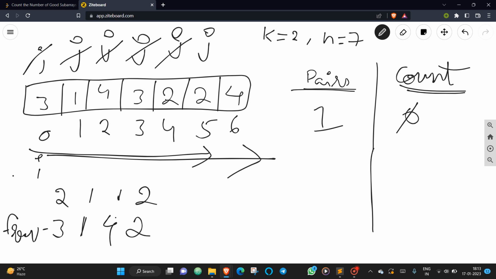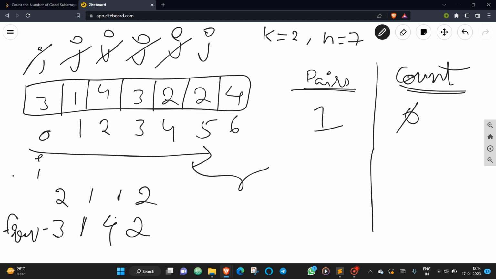If there is any extra length, even that window, starting from the first element and ending at that, can I say they also satisfy? Because there are already at least k pairs in this window. Even if you extend this window, it will still contain your k pairs. So if it satisfies your condition, just count the number of possibilities to the right.